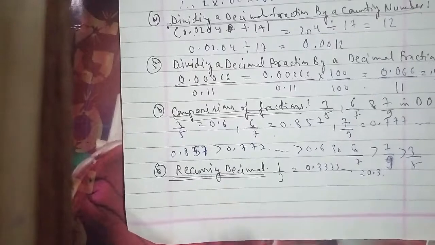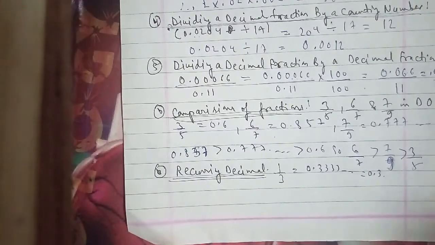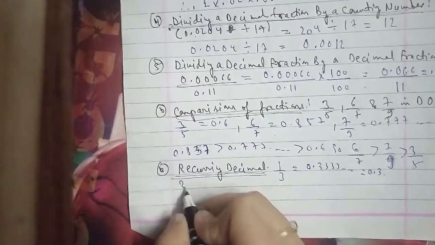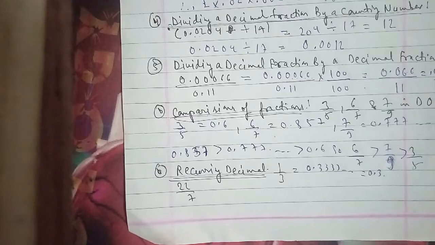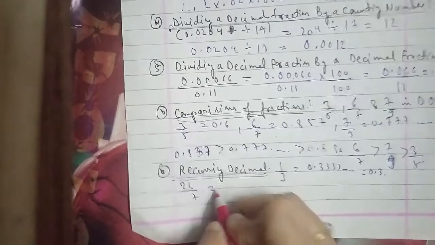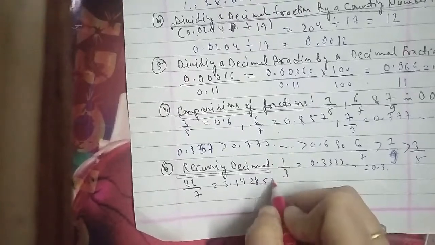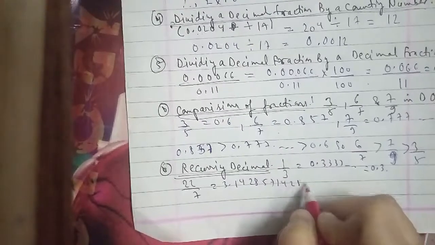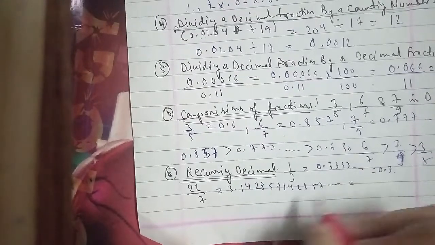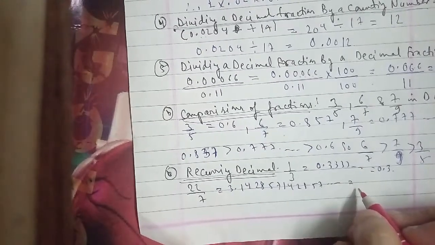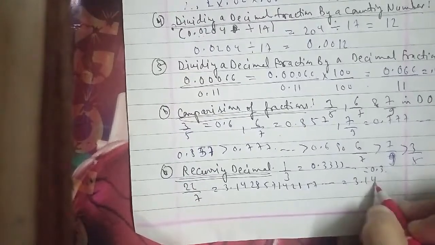In the same way, we have the value you know very well, the pi value, which is 22/7, and its value is 3.142857142857 till infinity. The same number repeats itself, so we can write 3.142857 with a bar.